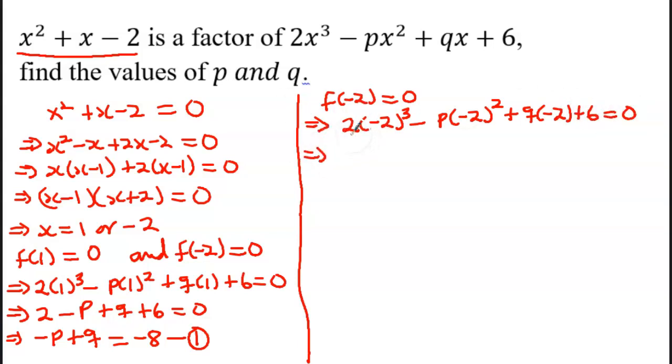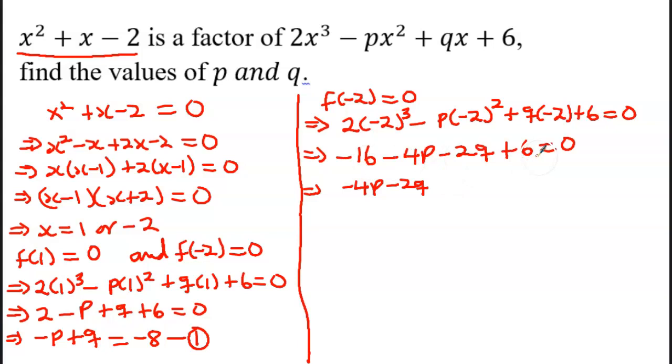Minus 2 cubed is minus 8. 2 times minus 8 is minus 16. Minus 2 squared is 4, so we have minus 4p. And then minus 2q plus 6 is equal to 0. So we have minus 4p minus 2q.